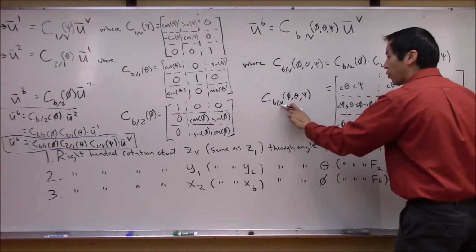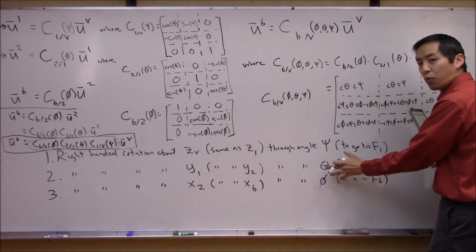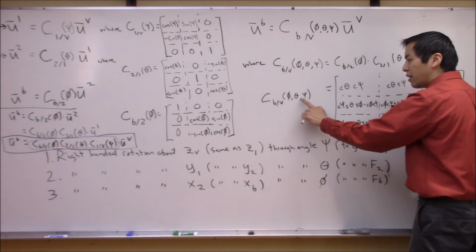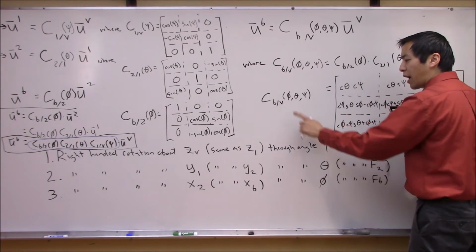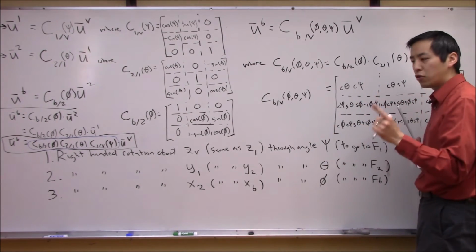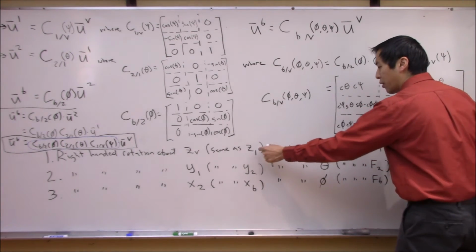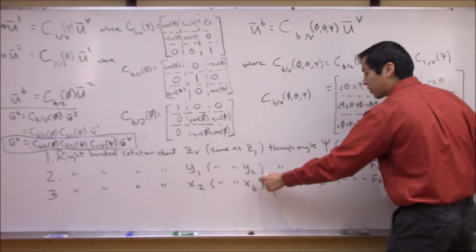But the reason I've kept this up on the board for so long is because it's now relevant to our discussion in the sense that these Euler angles, psi, theta, and phi, are referenced to a very specific sequence or ordering of going about the z-axis, then the y-axis, then the x-axis.